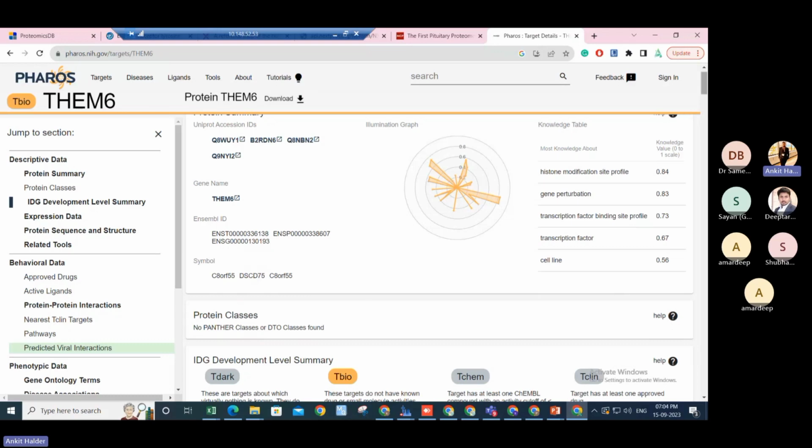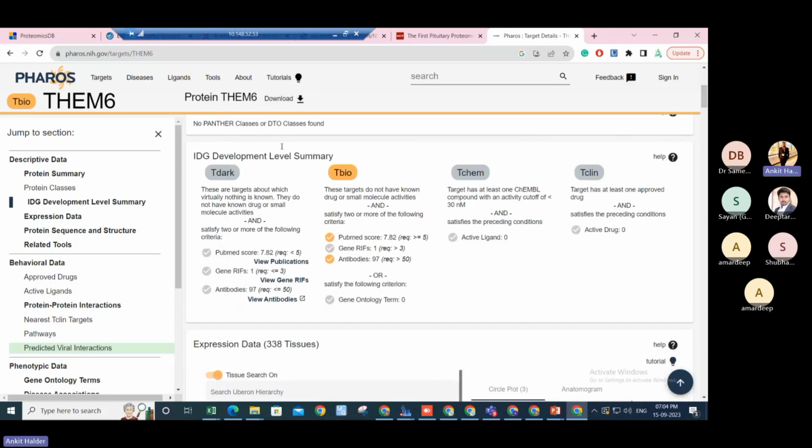So now with all this knowledge of the different tools and resources, you can try to choose accordingly. Here is the T dark. The requirement, as I mentioned in the slide and in the manuscript, is that PubMed score is less than 5, gene RIFs requirement is less than 3, and the antibodies requirement is less than 50.